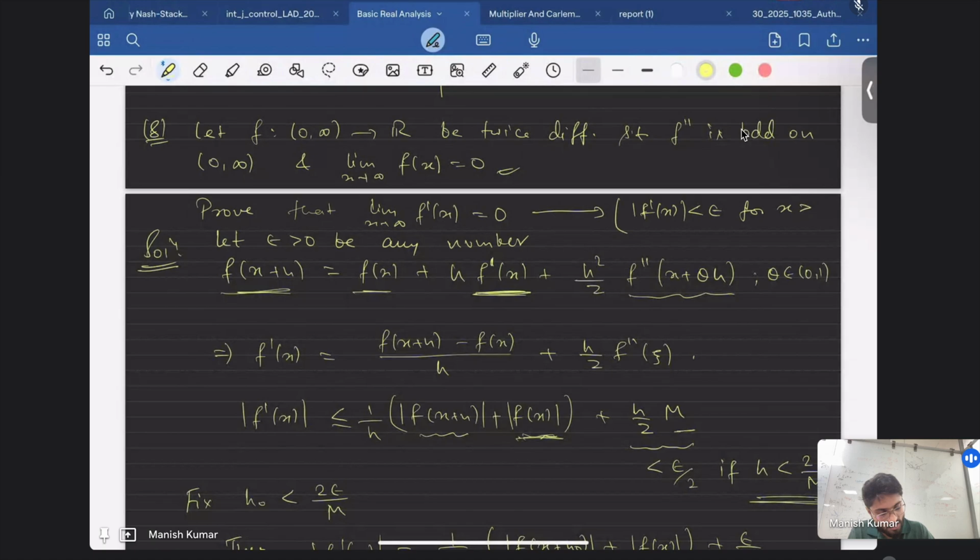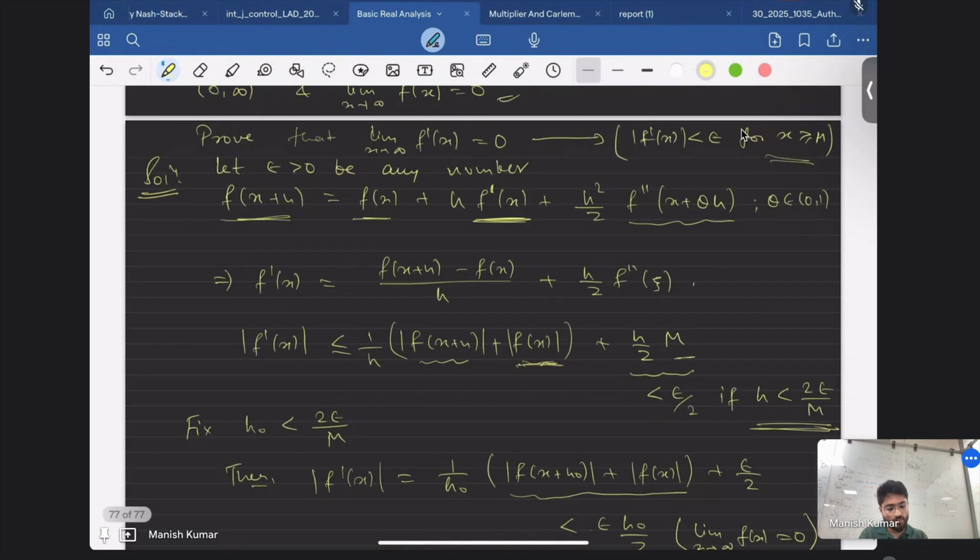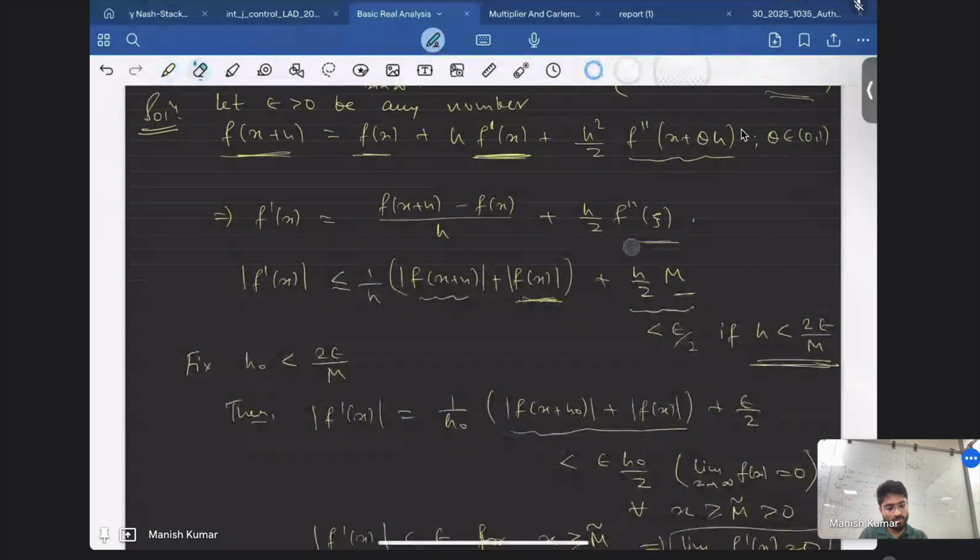There is no h here. Yes, sir. Now, where this h is playing a role is in making this term small. Because I know the double derivative is bounded, to make sure that this is very small, I have to choose my h sufficiently small. So depending on what epsilon I am choosing, I'll have to choose h according to that.